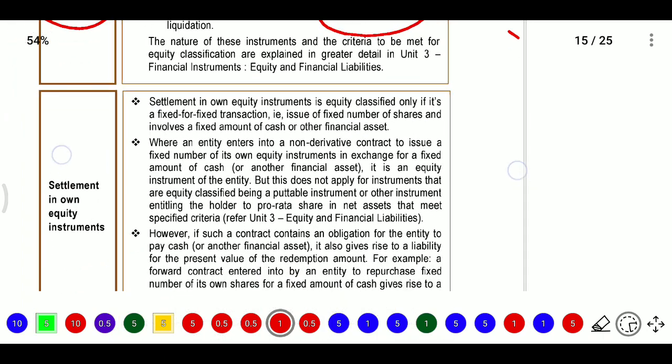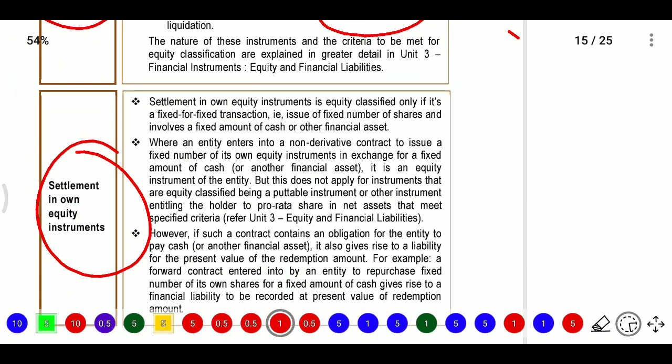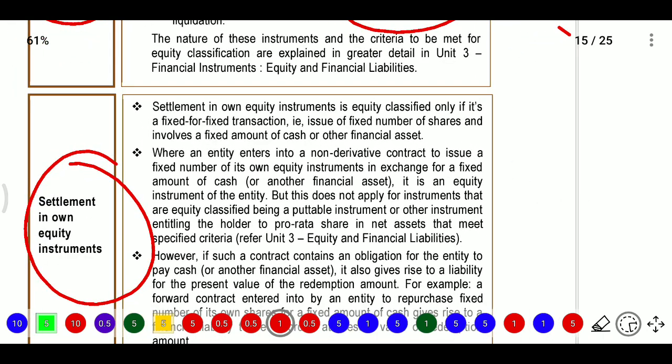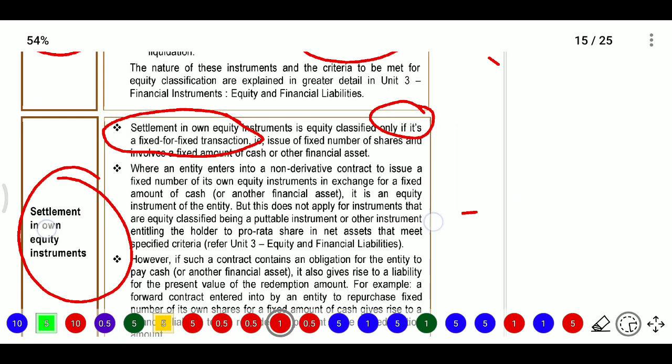Next is settlement in own equity instruments. Settlement in own equity instruments is equity classified only if it is fixed for fixed. If you have variable, it will be a financial liability. If you have a fixed for fixed transaction, it will be equity. Here is the issue of a fixed number of shares involving a fixed amount of cash or other instruments.